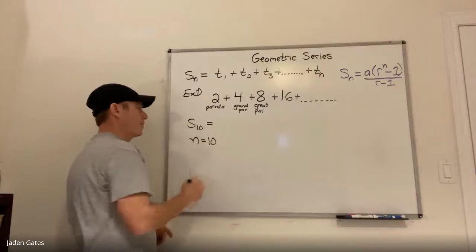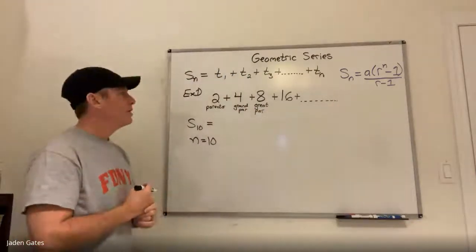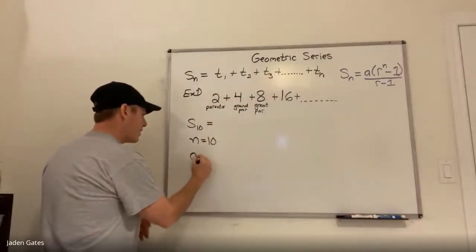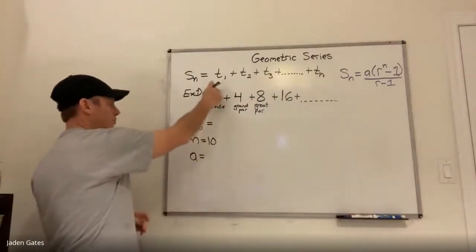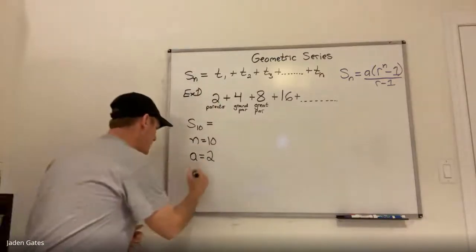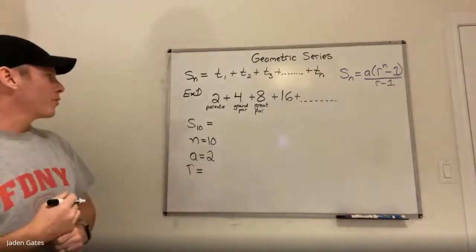We're going to add up the sum of the first 10 terms in this sequence. Now, a couple of other variables we need is the a, the first term. Well, the first term is 2. And then lastly, we need the r value, the rate.